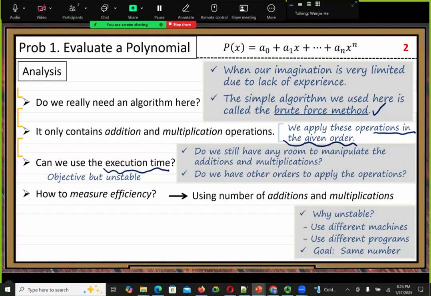For an experienced programmer, for the same algorithm, you still need to do the same number of additions and multiplications, right? So this number is a much better one: objective and stable. The counting number.